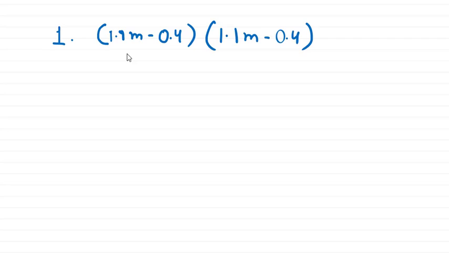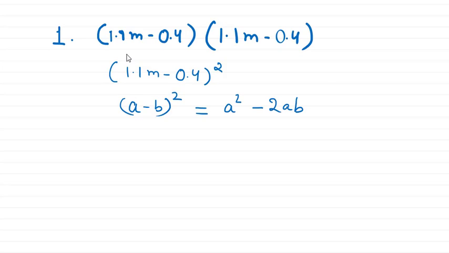Let's say we have to multiply 1.1m minus 0.4 by itself, which looks like 1.1m minus 0.4 whole square. Here you know which identity you can use: a minus b whole square. It says the square of the first term, minus twice the first and second term, plus the second term whole square.